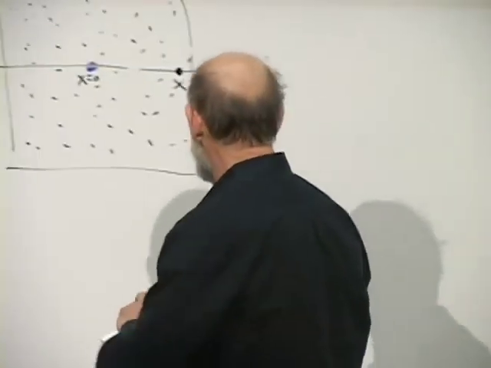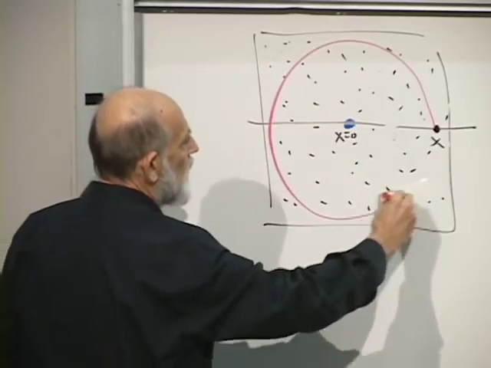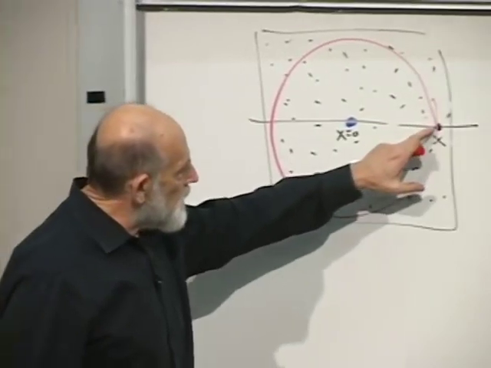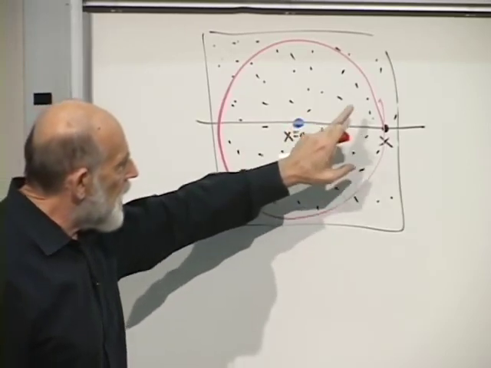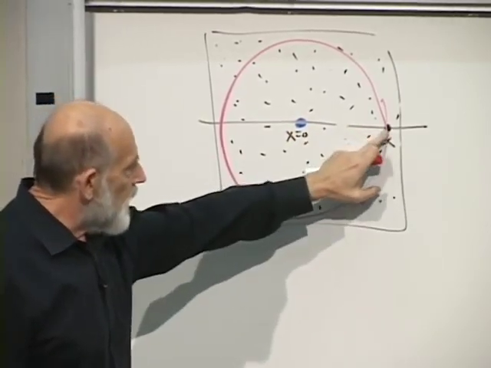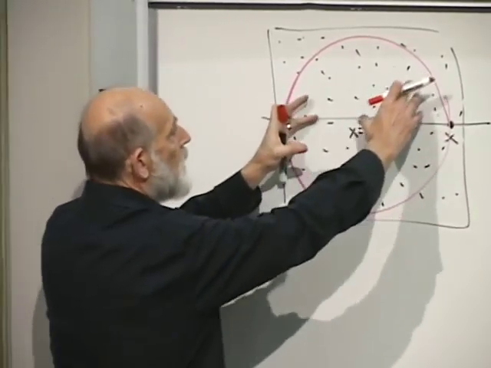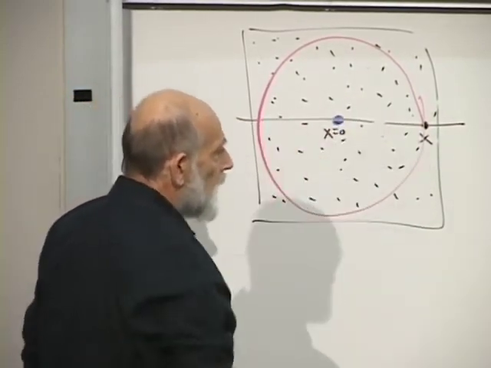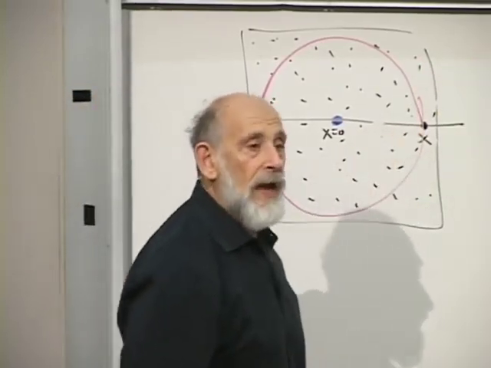Knowing that everything is isotropic, we can draw a sphere centered at x equals 0, and using Newton's theorem tells us that the force in this frame of reference, at rest with respect to this galaxy, the force on the other galaxy over here is exactly the same as if all the mass on the interior of this red shell were concentrated right at x equals 0, and all the other galaxies on the outside don't exert any force on it.